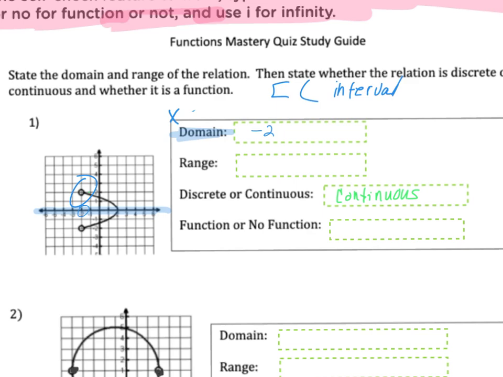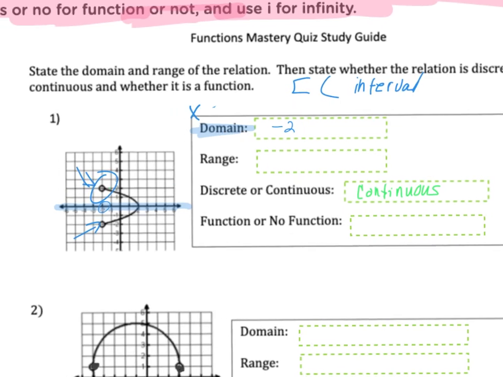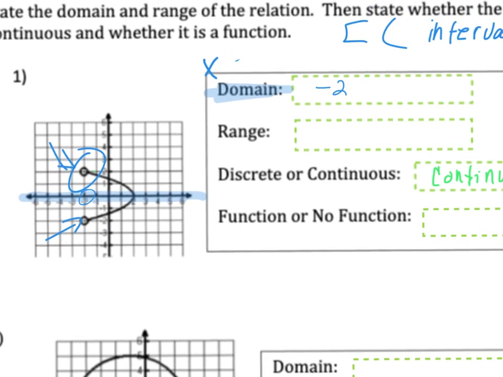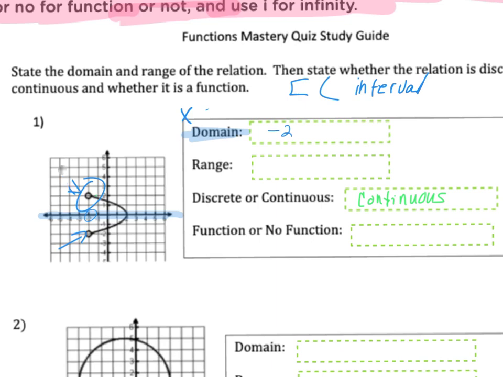So the -2, these 2 coordinates, notice are open circles. So what do we use when it's an open circle? You're going to remember from when we did interval notation that means it's going to be a parenthesis. Yes, sir. You're right, Jay. So we're going to use that soft parenthesis.